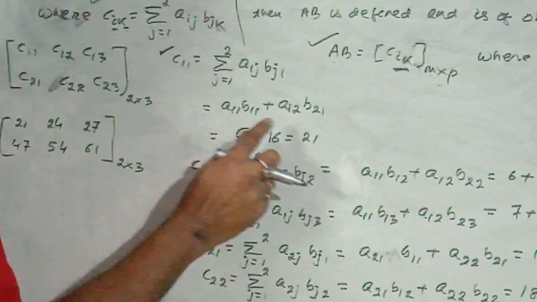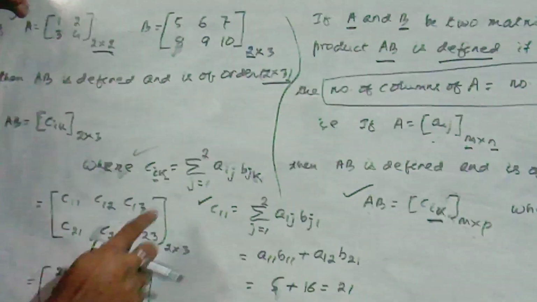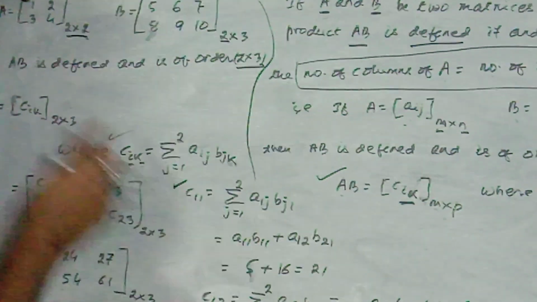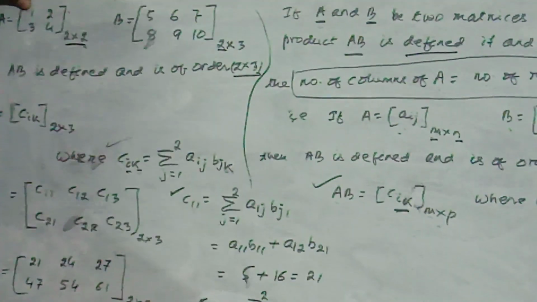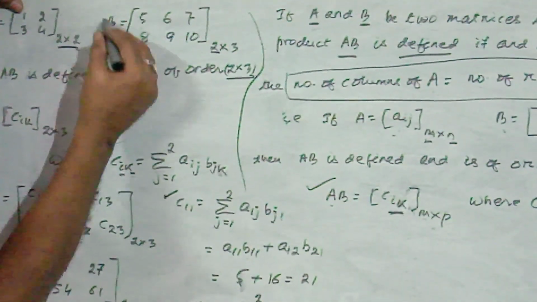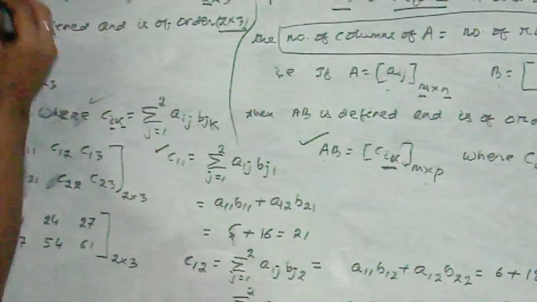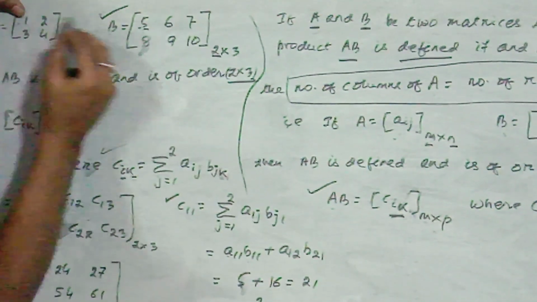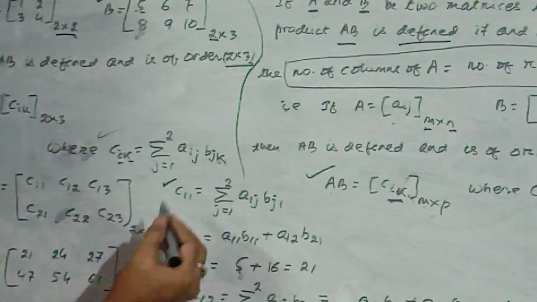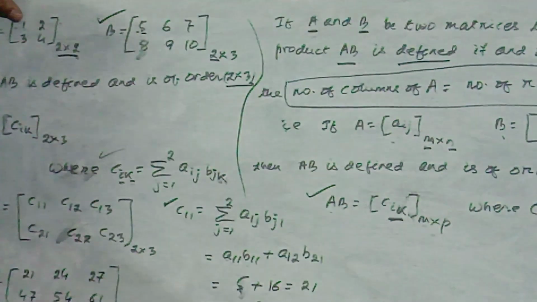Now, what is the A11 element of the matrix A? A11 is equal to 1. What is the value of B11? B11 is the element of the matrix B, and it is equal to 5. So we take 1 into 5. 1 into 5 is 5, plus A12 into B21.